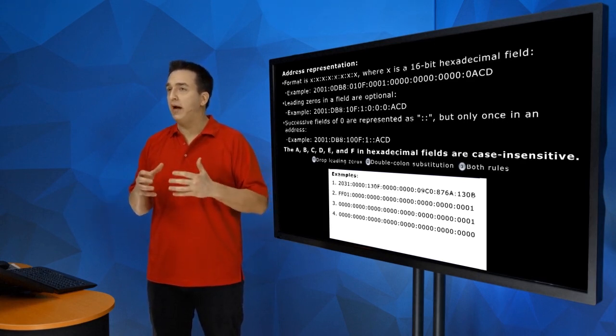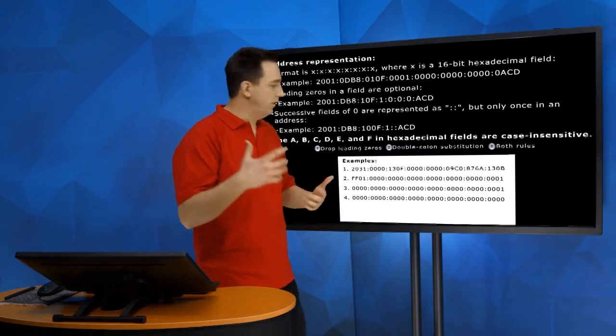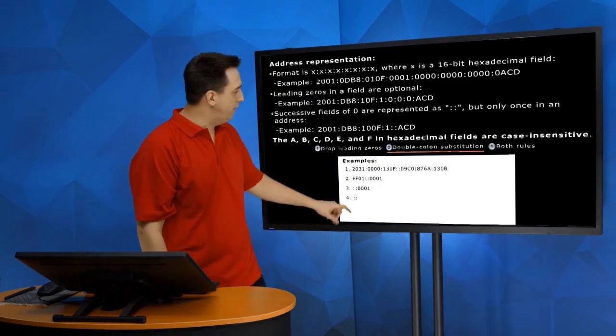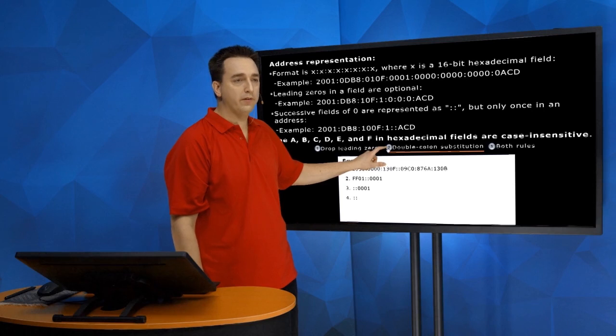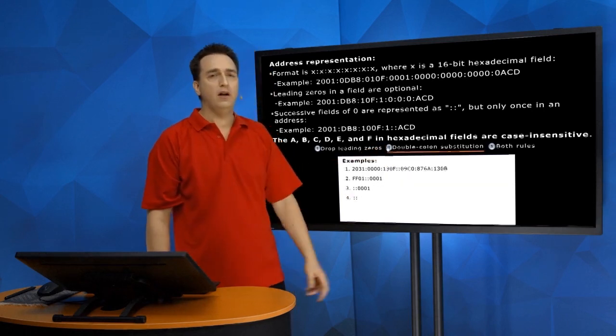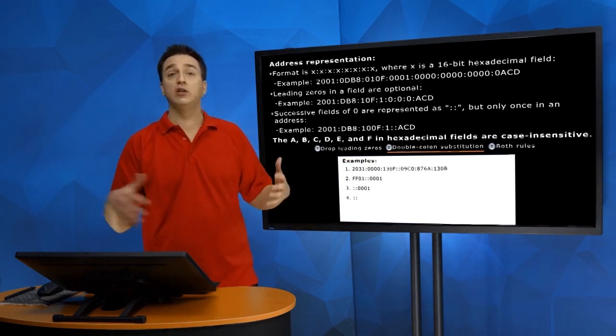By dropping successive fields of zeros, we can make it even smaller. It's called the double colon substitution. So just by doing double colon substitution, look how those addresses shrink down for us. It's a big difference. Look at example number 4 at the bottom. It just goes to double colon because it was all zeros.